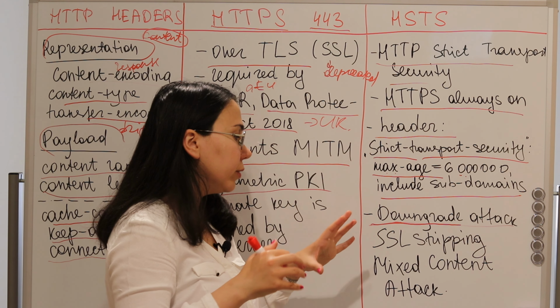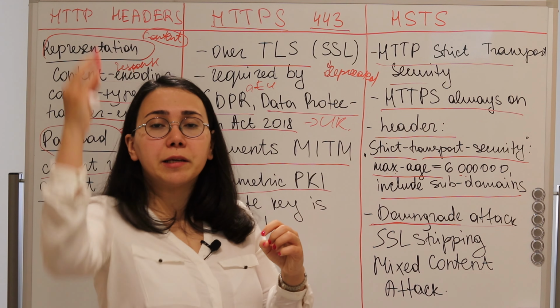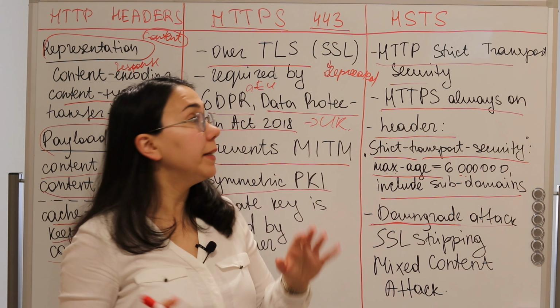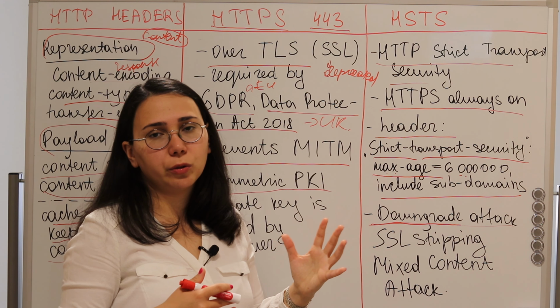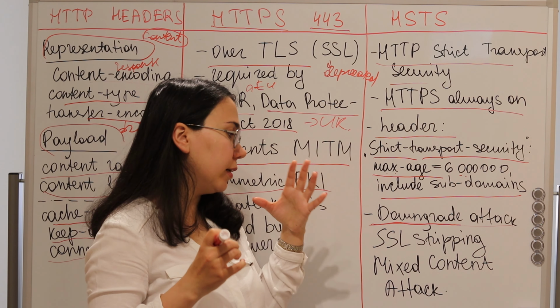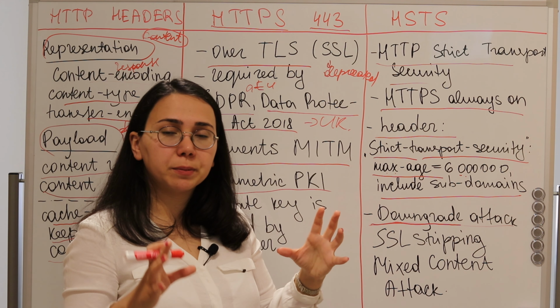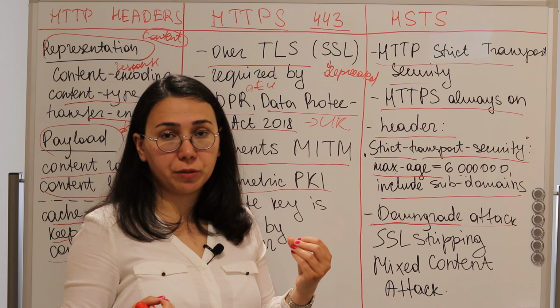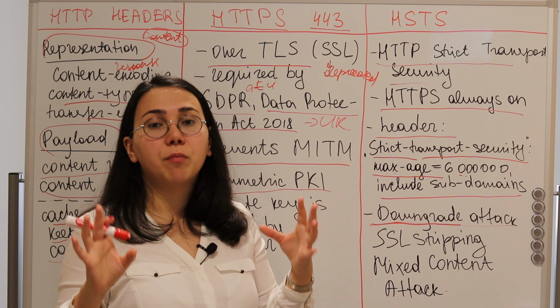That's why a mixed content attack happens when the embedded elements of the website have low security, and HSTS adherence to this policy helps us to prevent that. It helps us to make sure that the content embedded into our website is secure, it's running over the secure version of HTTP, and it doesn't have any malware in it.